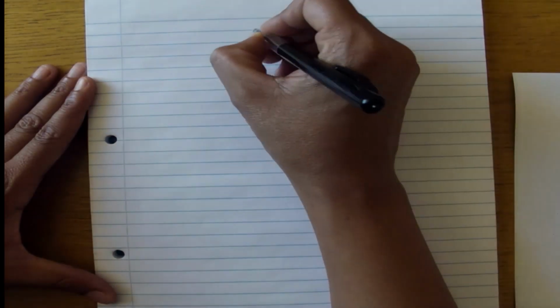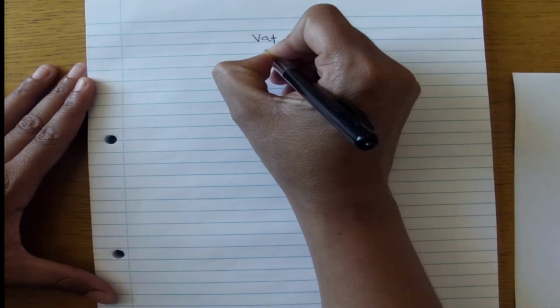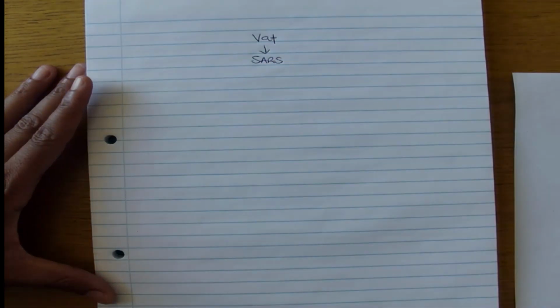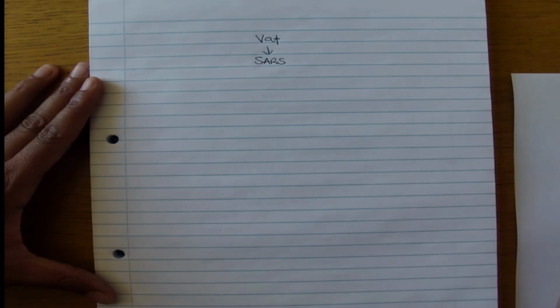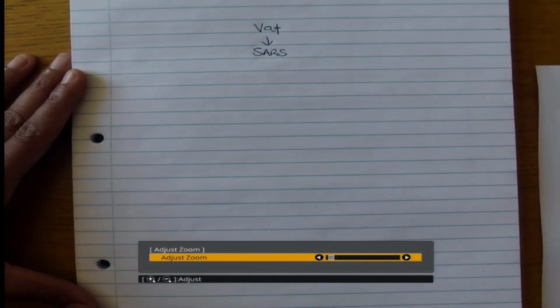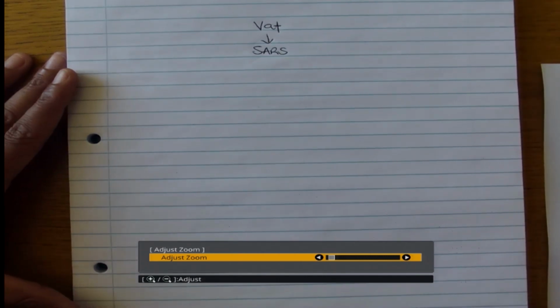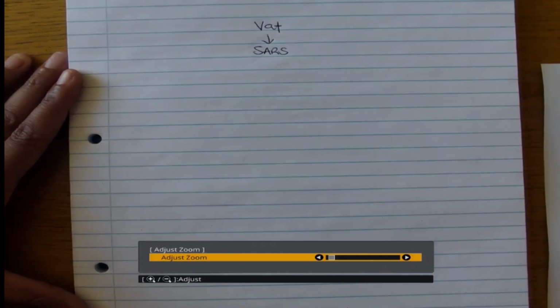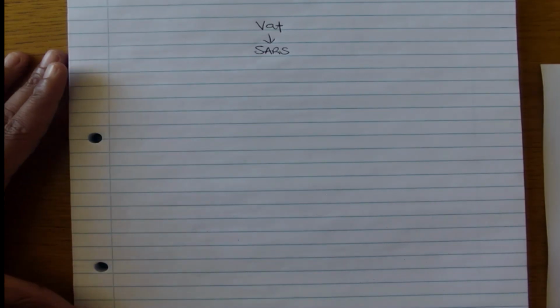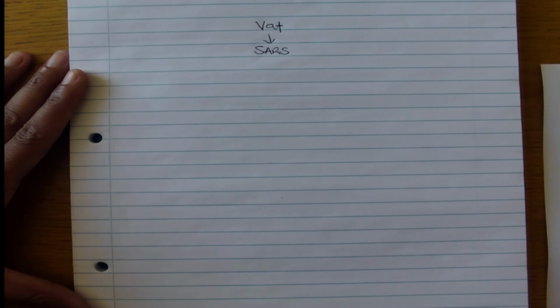We know that VAT needs to be paid to SARS. So when VAT needs to be paid to SARS, VAT is actually SARS's money. Okay? Now when do you pay VAT? You pay VAT when you are a VAT vendor. And when you are a VAT vendor, you need to charge the client VAT, and then you need to pay over the amount you're charging plus the VAT that needs to be paid to SARS.